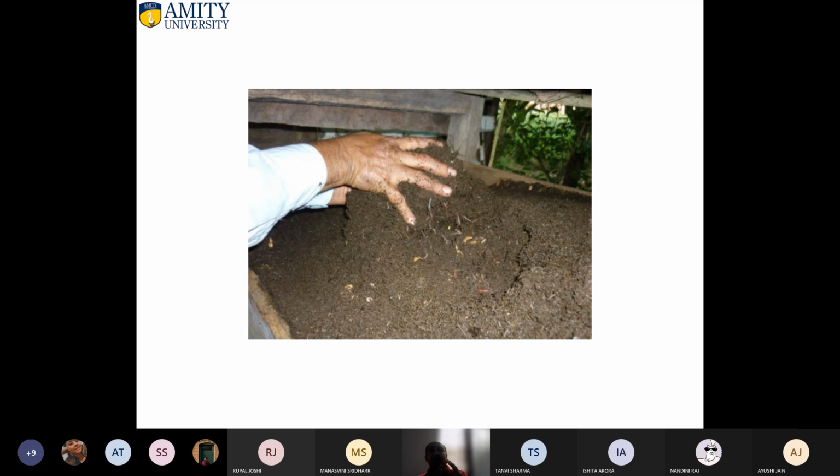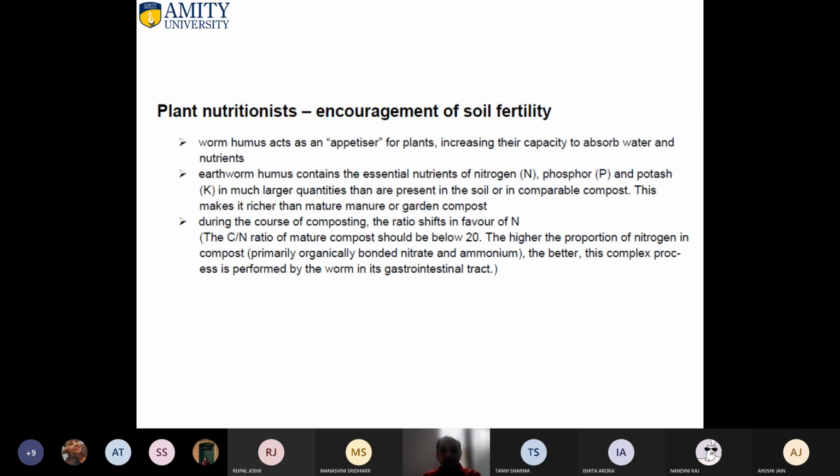Vermicompost comes with vermiculture as well. You just need to feed the worms, they'll reproduce by themselves, and you have the worms as well as the compost itself.